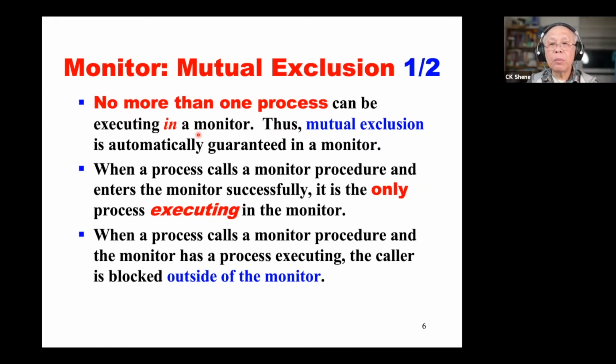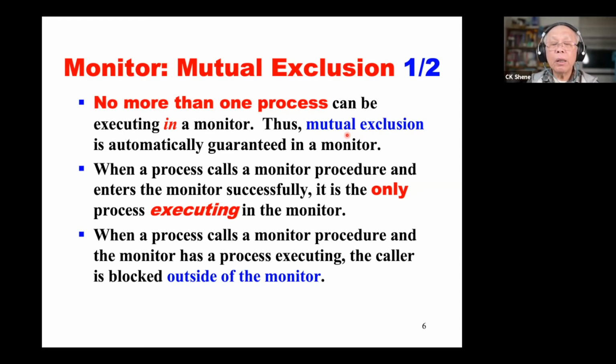Those statements may be private monitor procedures or public monitor procedures. So the monitor guarantees you the mutual exclusion property. That is, at any moment, there's only one process that could be executing inside the monitor.